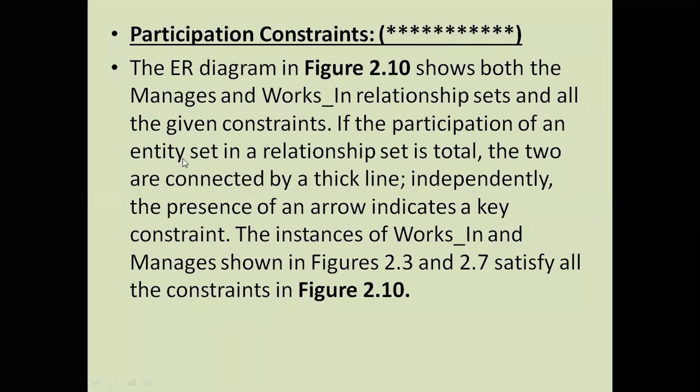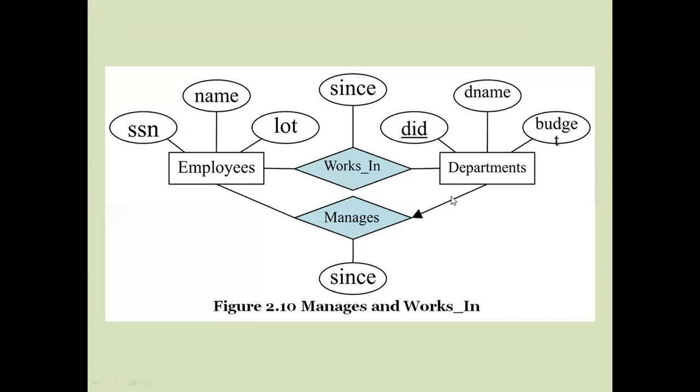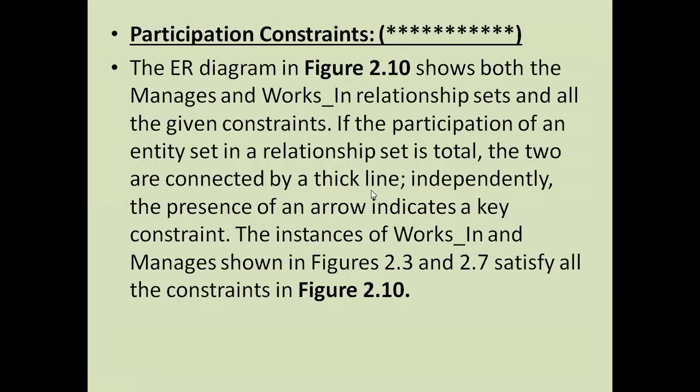If the participation of an entity set in the relationship set is total, then we can represent it with double lines. The two are connected by a thick line. So in this diagram we are representing the thick line, but actually we represent it with double lines.